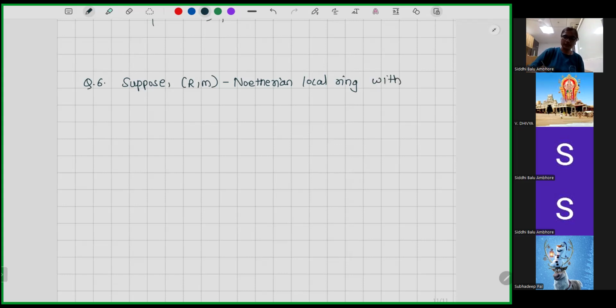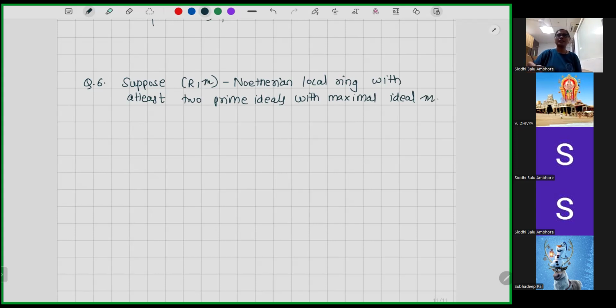So in this condition, they are saying that suppose it is a Noetherian local ring with at least two prime ideals, with maximal ideal M anyway. So this M and this M are the same.